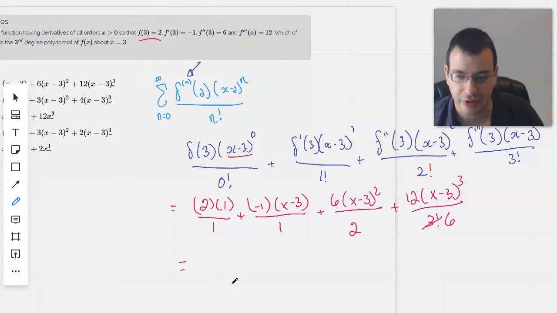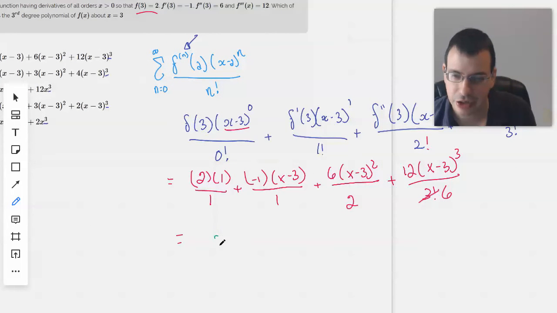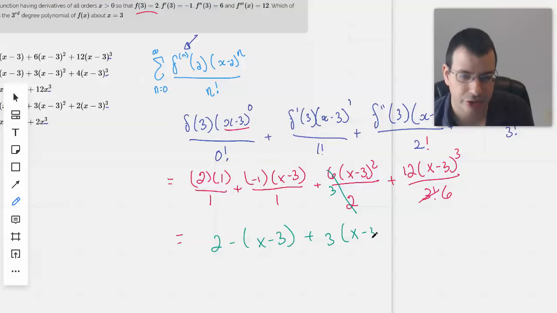That doesn't seem so bad so far. Simplifying, 2 minus quantity x minus 3, plus 3 times x minus 3 squared, plus 2 times x minus 3 cubed.